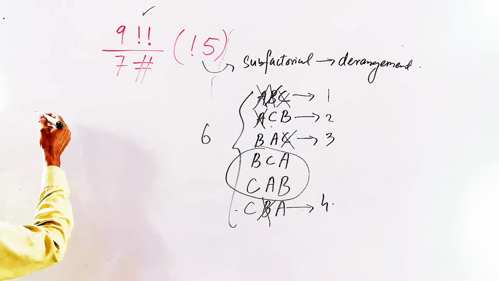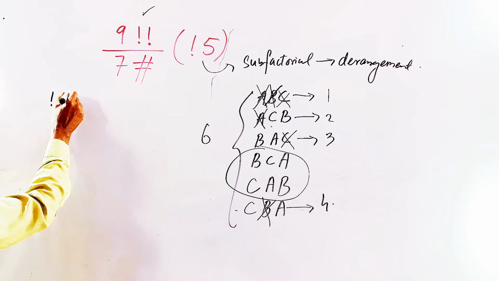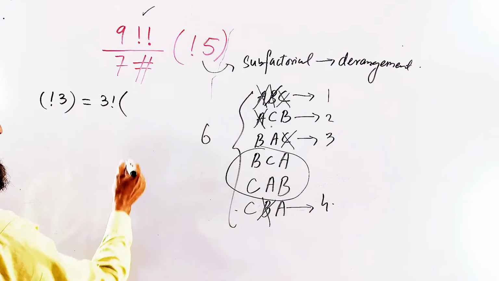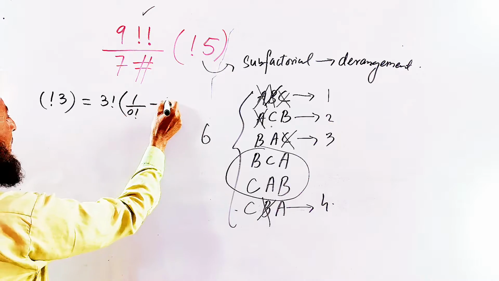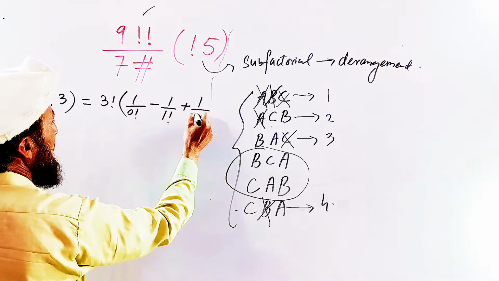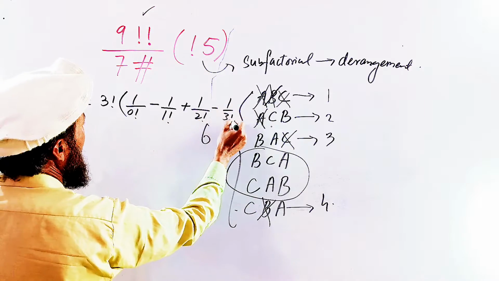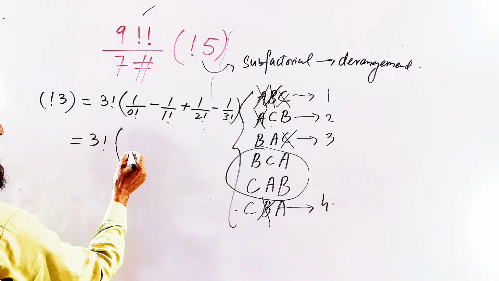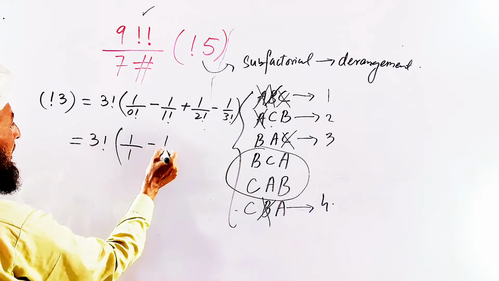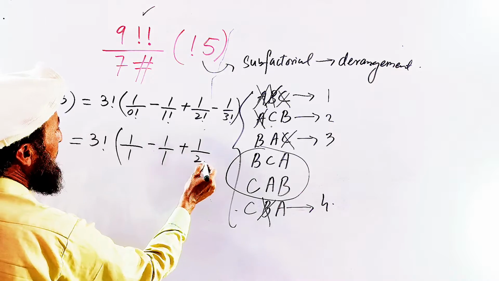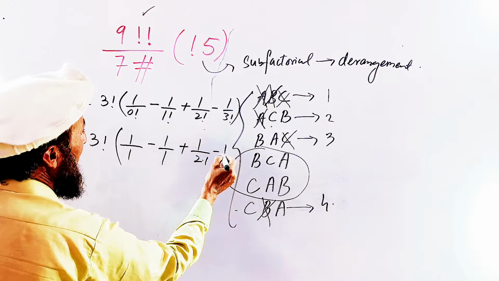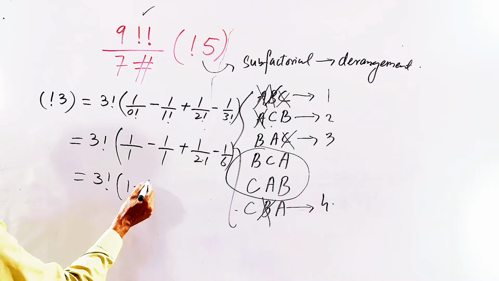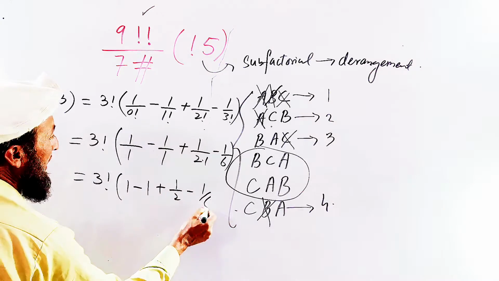Now according to the subfactorial formula, subfactorial 3 is equal to 3 factorial times (1 by 0 factorial minus 1 by 1 factorial plus 1 by 2 factorial minus 1 by 3 factorial). Calculating, we get 1 minus 1 plus 1 by 2 minus 1 by 6.